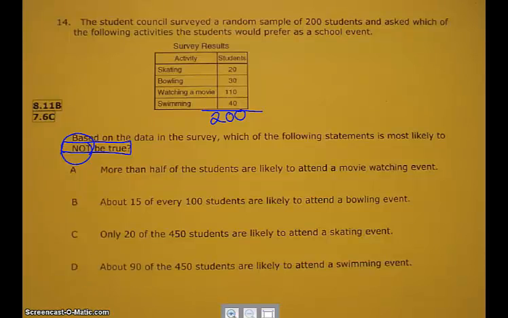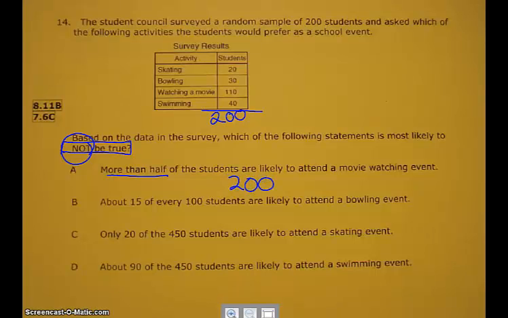Answer choice A says that more than half of the students are likely to attend a movie watching event. I'm looking for the one that is not true. So I know that there were 200 students surveyed.